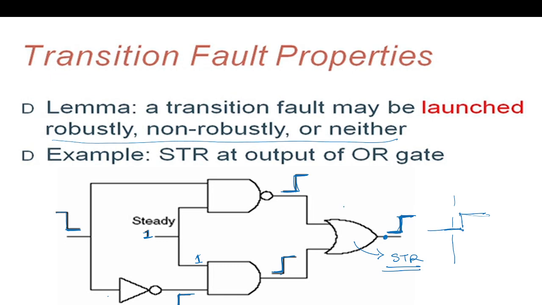So this transition is the same. So the output will depend on this node delay, and the OR output should have been this, but because of the delay it is delayed, and at the capture phase we got a faulty output, like the fault is observed.